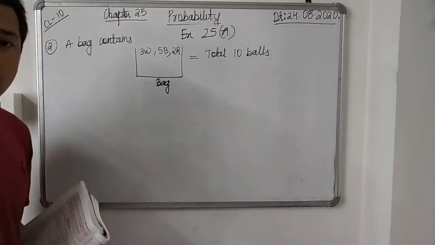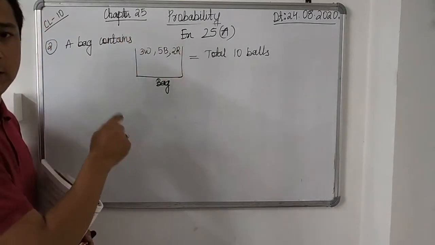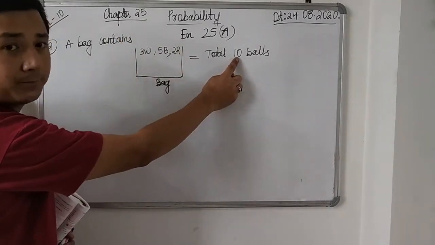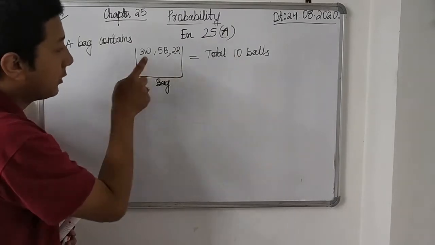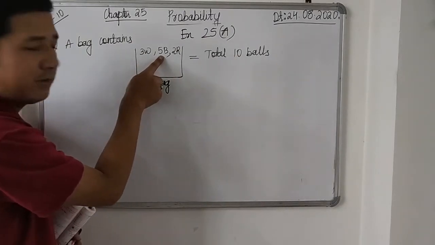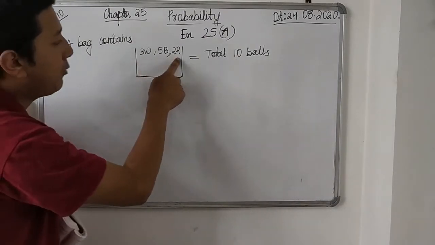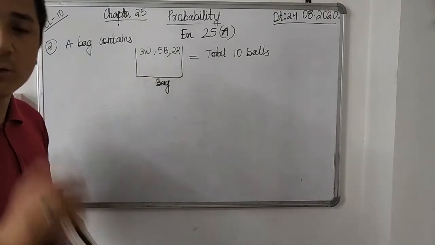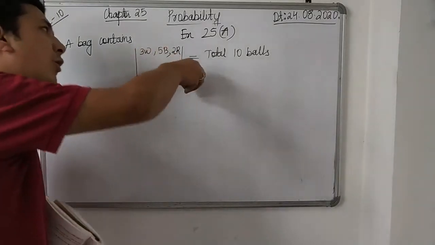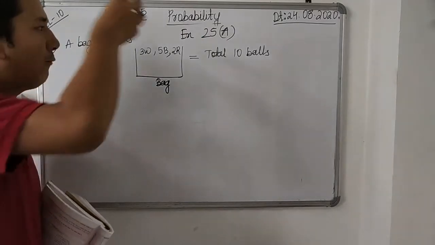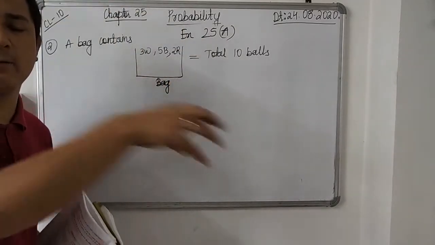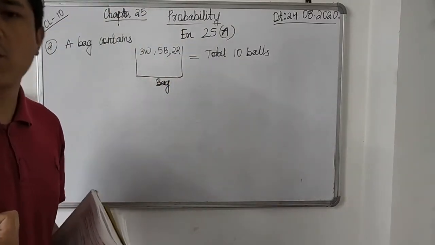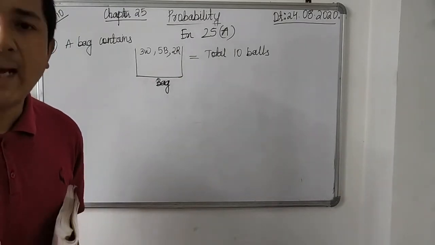I hope you are clear with the question. If I am drawing one ball randomly without looking into the bag, what are the chances of getting a black ball?